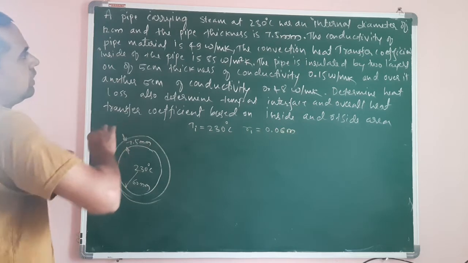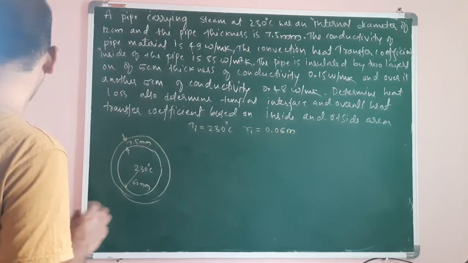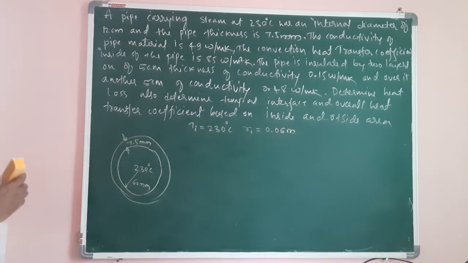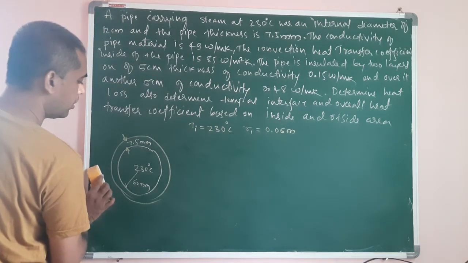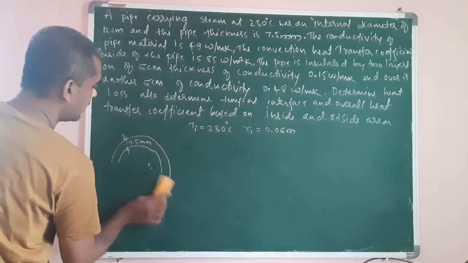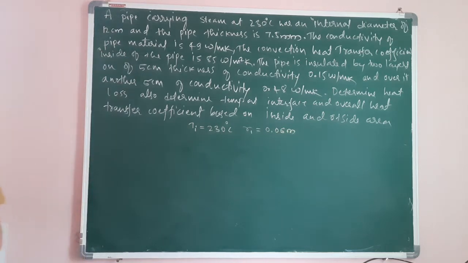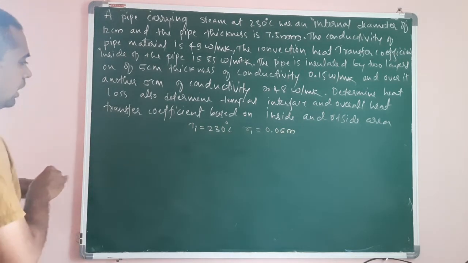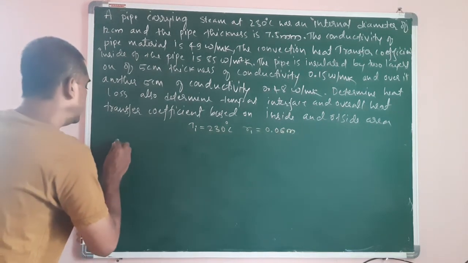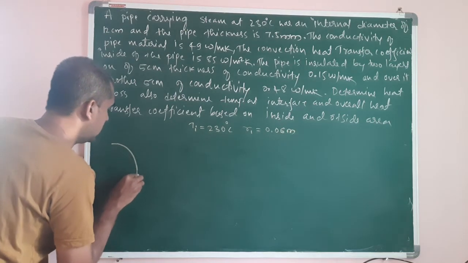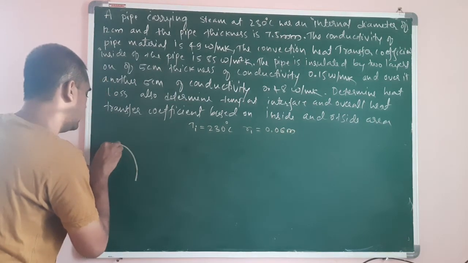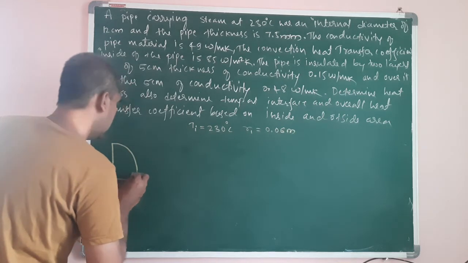Further, there are 2 layers, so I will write only its quarter portion, because it will be easier. I will not write the complete hollow cylinder.